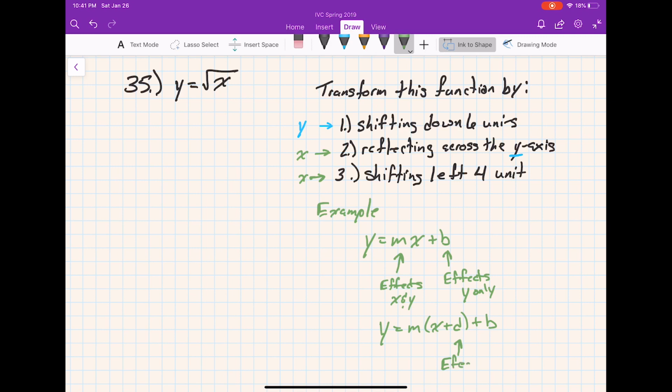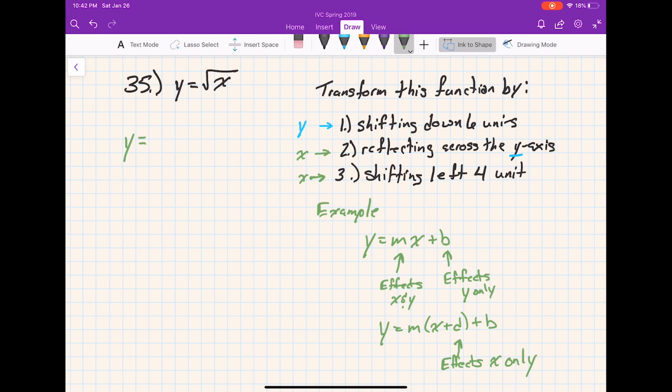So it affects x only. So we see up here we have something that affects our y only, and two things that affect our x only, nothing to do with the slope or the m.